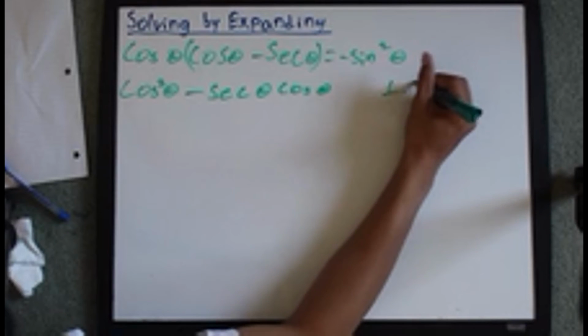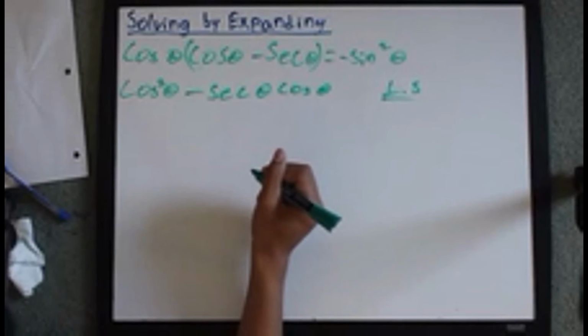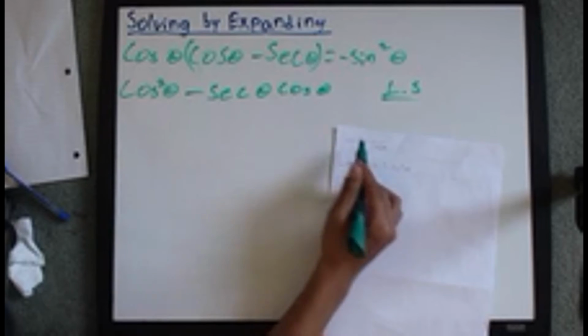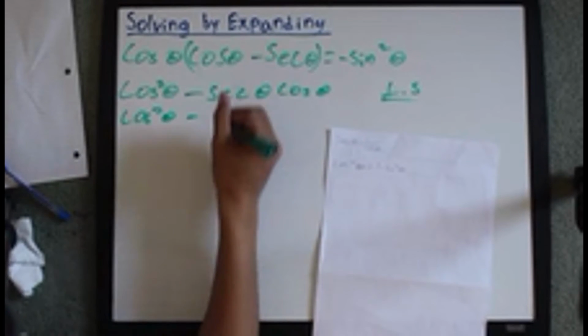And we're going to be working with the left side for this equation to prove that this equals negative sine squared theta. So after that, you want to look at your rules for your trig identities, and you can see that secant theta is also equal to 1 over cos theta.